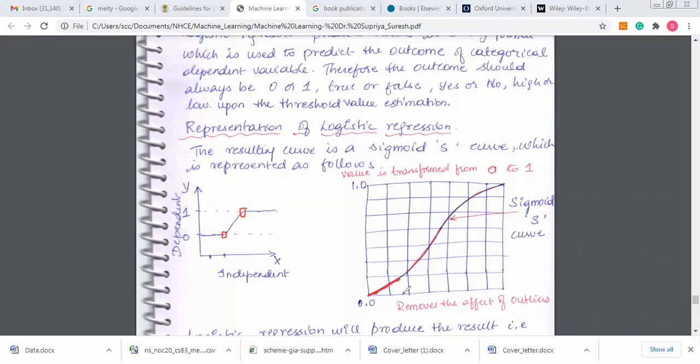This actually removes the effect of outliers. The reason we are smoothing is that we saw how outliers impact a lot. In order to remove the effect of outliers, we have this smoothing curve. This is the actual sigmoid curve that we will be using for the logistic regression, and the values are transformed from 0 to 1.